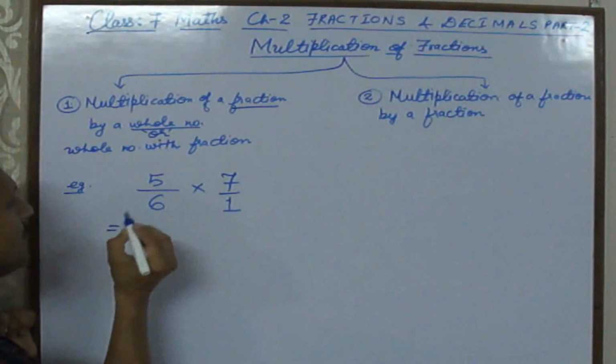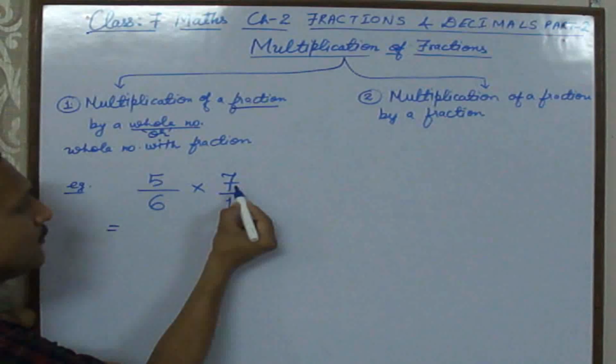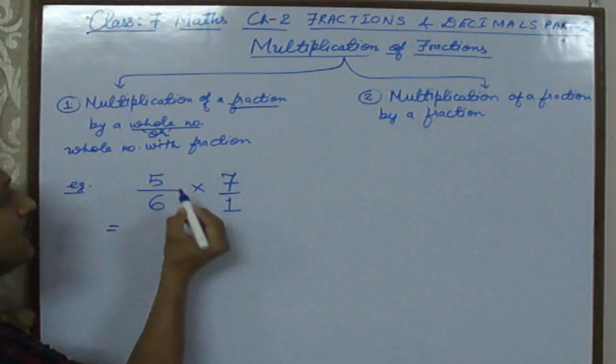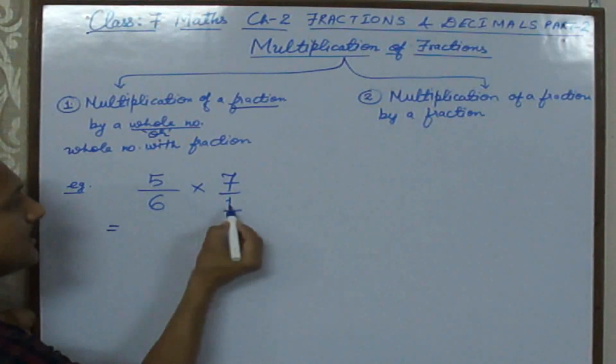Now what we have to do is multiply. This is the numerator, this is the denominator, this is the numerator, this is the denominator. We multiply numerator with numerator and denominator with denominator.